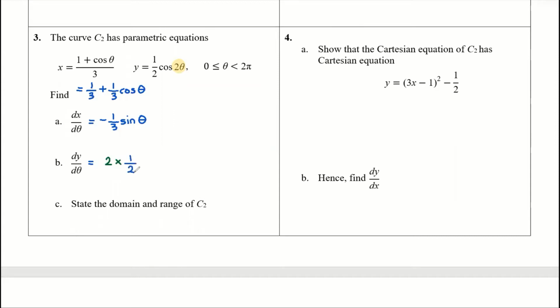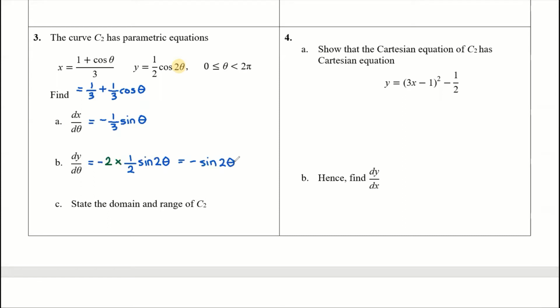And because it's differentiating cosine, it's all going to be negative, and sine 2 theta as well. So just to simplify that, this is going to be minus sine 2 theta. I hope that makes sense.